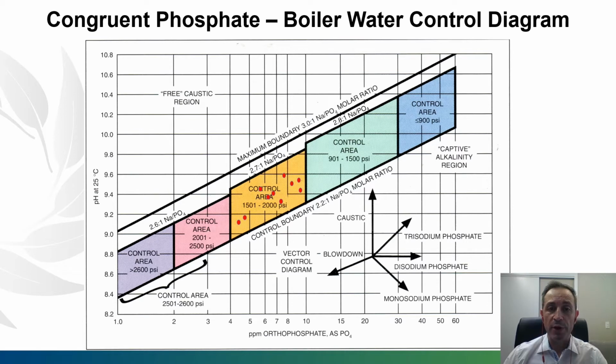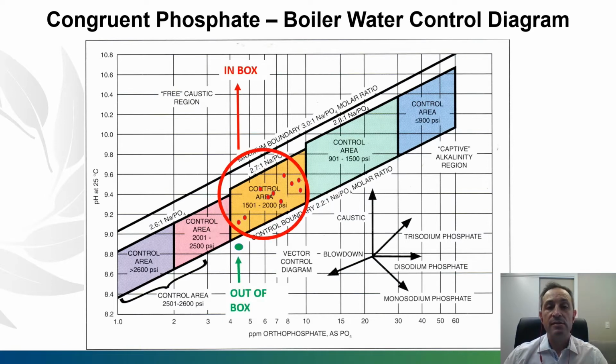So all those points inside the box, the control box, they are what we call in control, in box. But this little green one here just outside the orange area is out of the box, so it's not really in control.